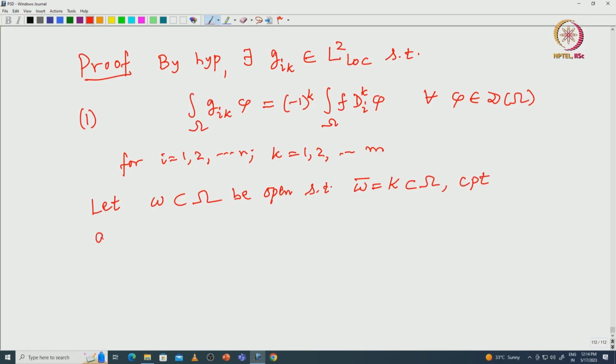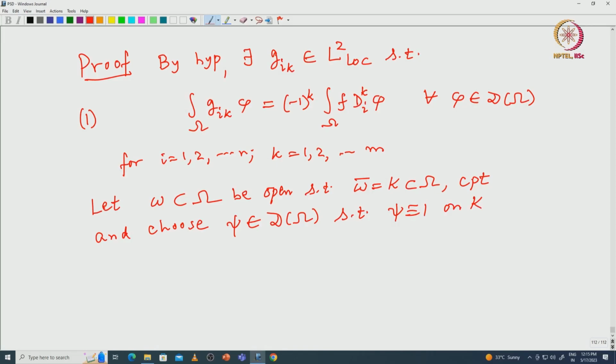And choose, so you also see various techniques used in this analysis, psi in D(omega) such that psi is identically 1 on K. So, it has compact support and on K it is 1.